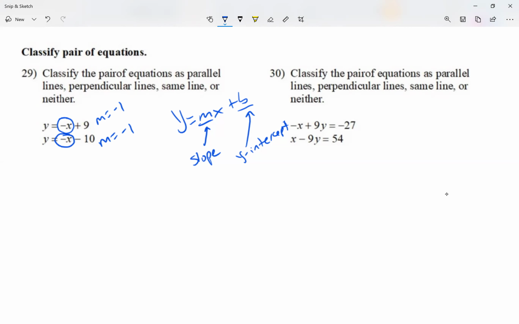Now, when they have the same slope, it can either be parallel lines, or maybe I just gave you the same line twice. The way we tell whether it's the same line or not is to look at the y-intercept. My first line crosses at +9, and the second line crosses at -10. They have different y-intercepts, so it's not the same line. In this case, it is going to be parallel.